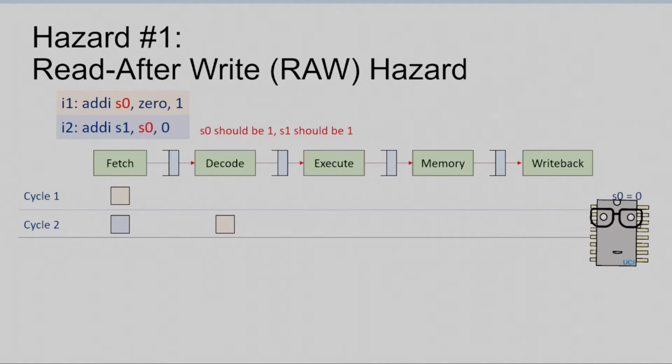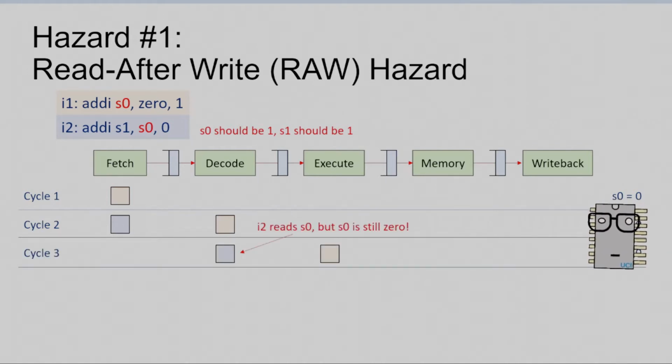So it reads the 0 register, and the immediate value of 1 is decoded from the instruction. Meanwhile, the second instruction, the blue box, is injected into the fetch stage. So the memory request to read the encoded instruction of instruction 2 is sent out from the fetch stage to the memory.